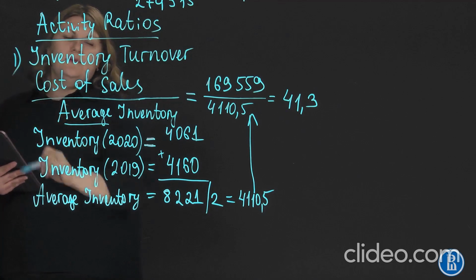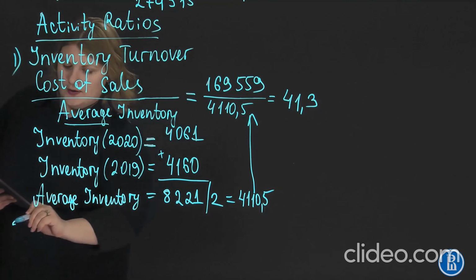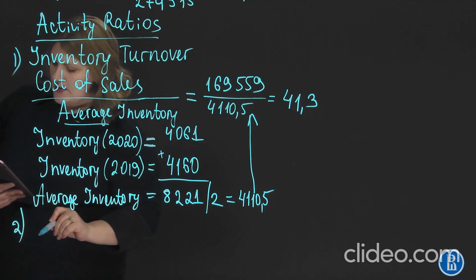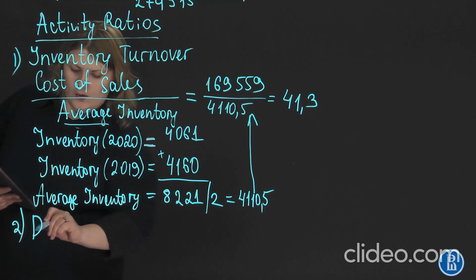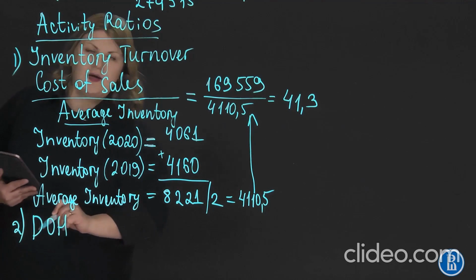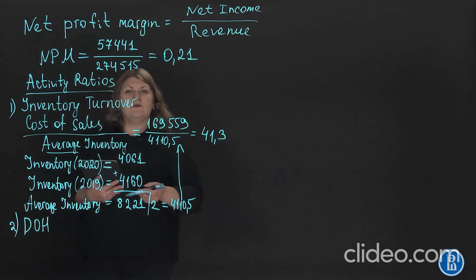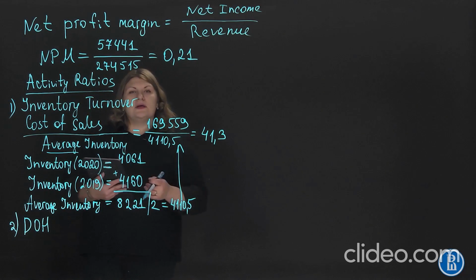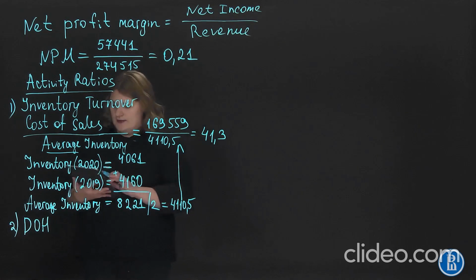When we have found the inventory turnover, we can now move to the days of inventory on hand, or DOH. Days of inventory on hand will show us for how long the company holds its inventory, its goods on hand.